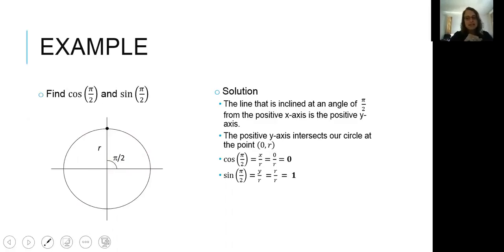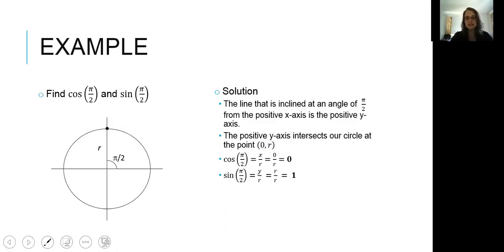That point is on the y-axis. It happens to be one of the y-intercepts of the circle, right? So remember that for any point on the y-axis, the x-coordinate is 0. We know the length of this line here is the radius of the circle, r. So the coordinates of that point are 0, r, right here. That means x is 0, y is r.